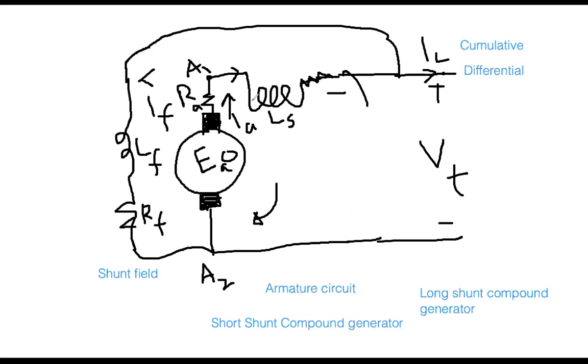I have the series field as it is. But you see, this was called the shunt field. So instead of connecting at the armature point all the way with the cable, I made it connected here. Because it is the long distance, accordingly it is called the long shunt compound generator.